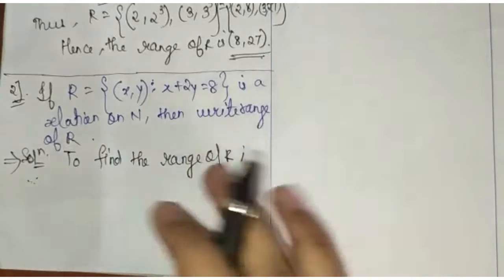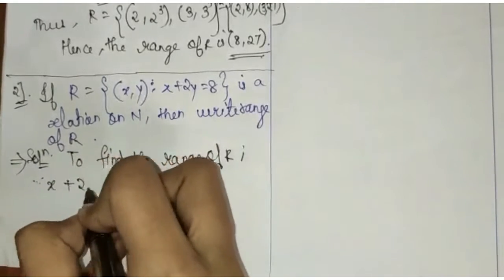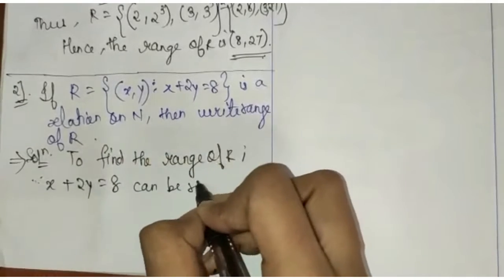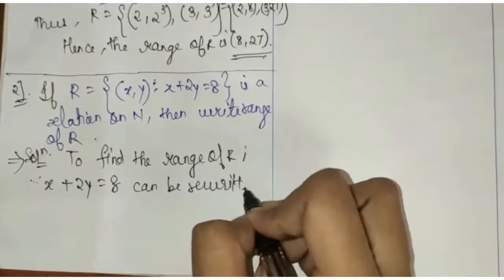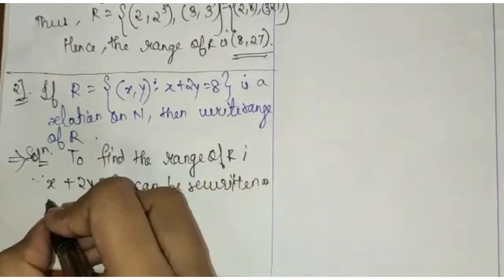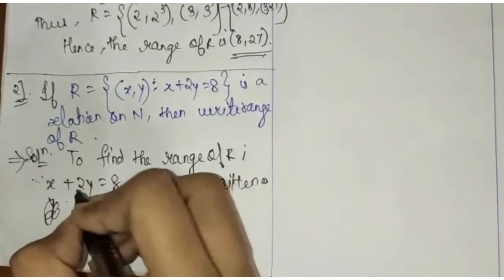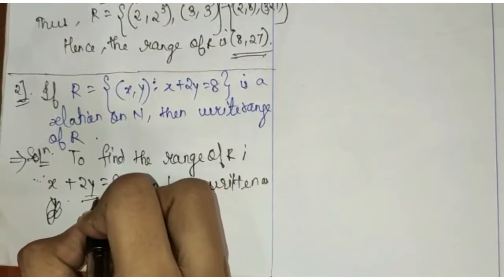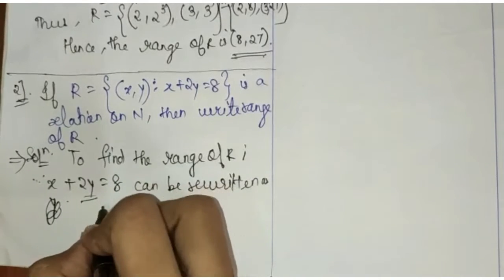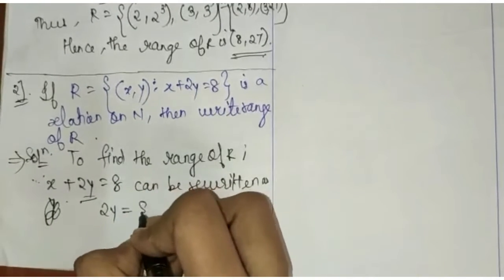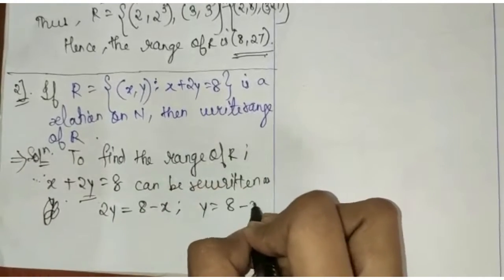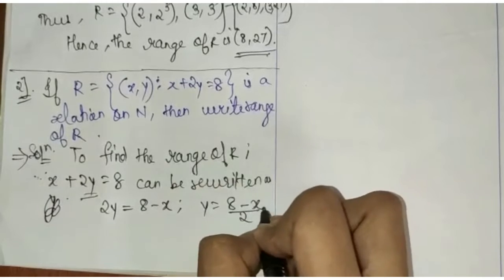So to find the range of R, x + 2y = 8 can be rewritten as y equal to... See what I'm doing, always in this chapter you have to find y. So I will just see 2y is equal to 8 minus x, and then I will get my y, that is (8 − x)/2.